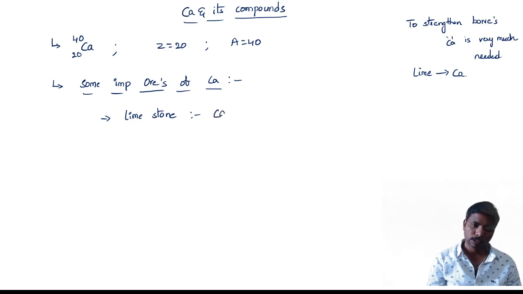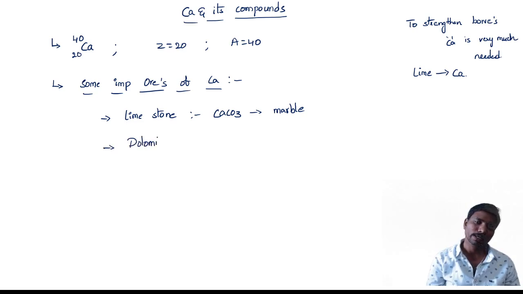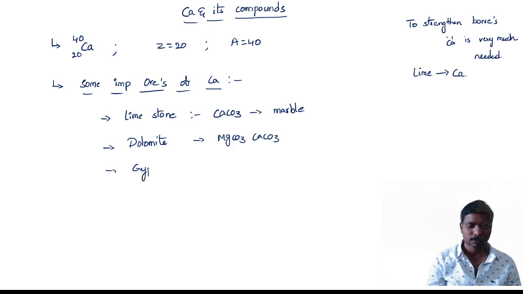Limestone is calcium carbonate. It is also called marble. So in marble, the main chemical is calcium carbonate. And we have already discussed dolomite. Dolomite is magnesium carbonate with calcium carbonate. Correct.